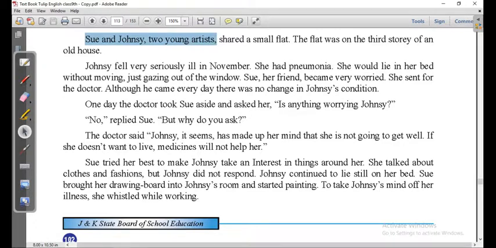There are two things, story and storey, STOREY.